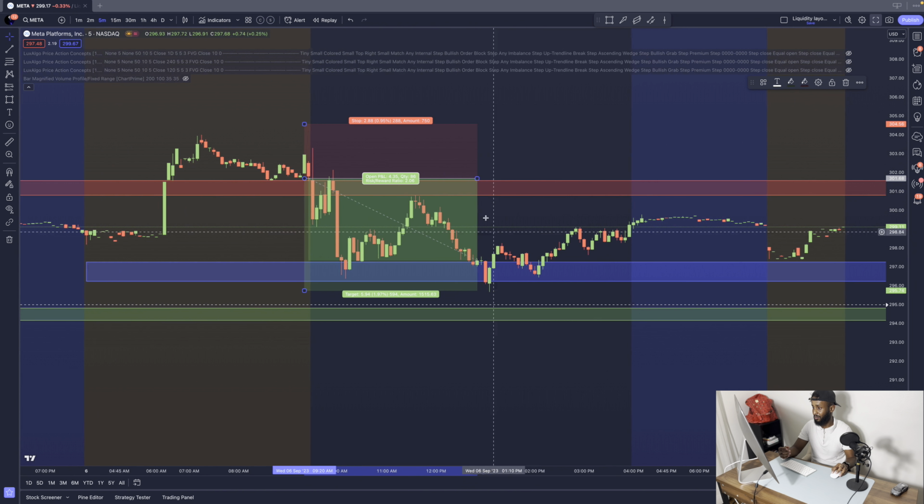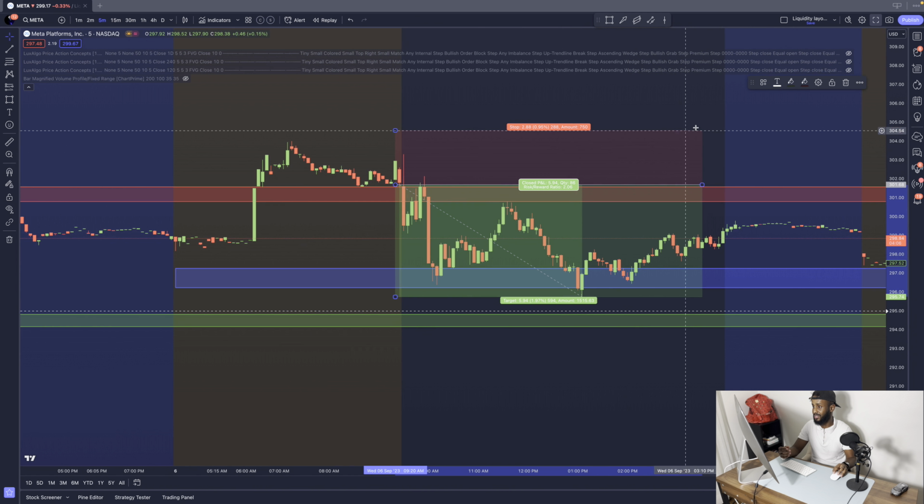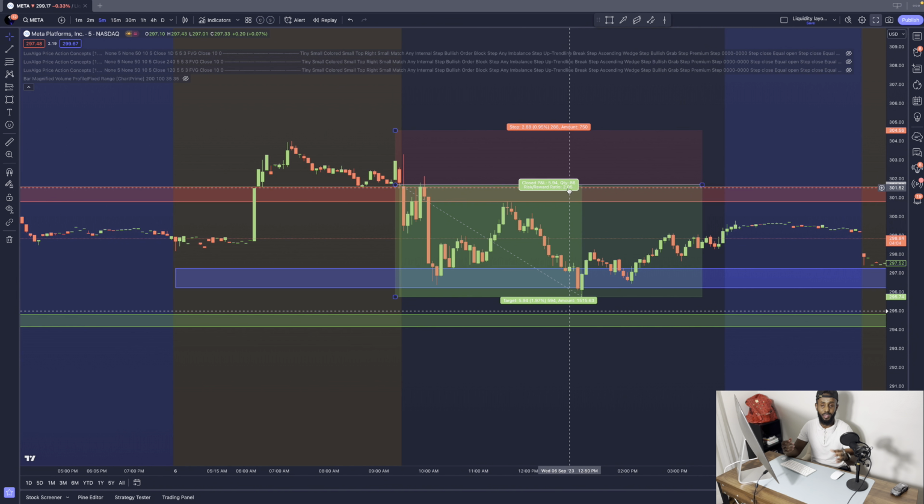So I expected price to come down to this blue zone, but I always had a 2-to-1 in case I am wrong. There are a lot of other things that go into psychology, but that is the most important in my opinion: to have some risk management there, and then to practice, to trade every day that you can trade.